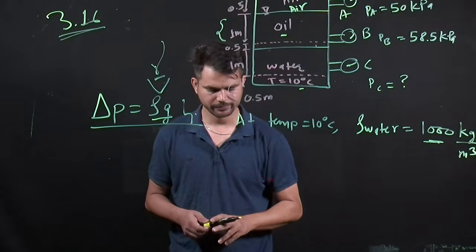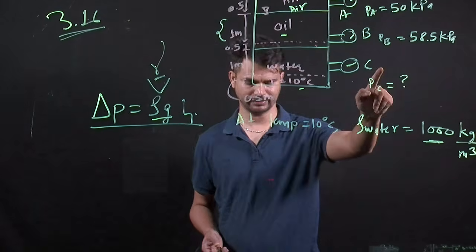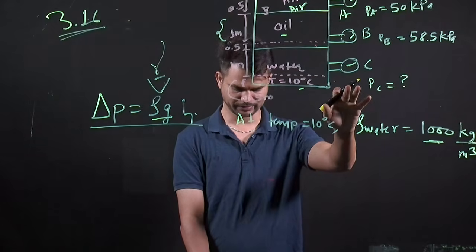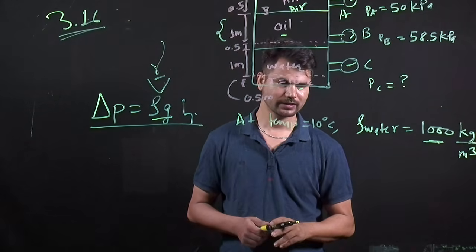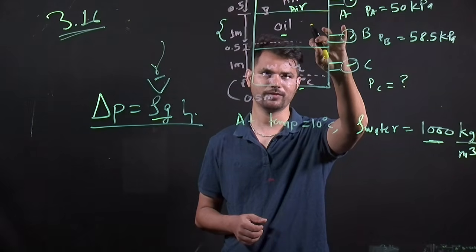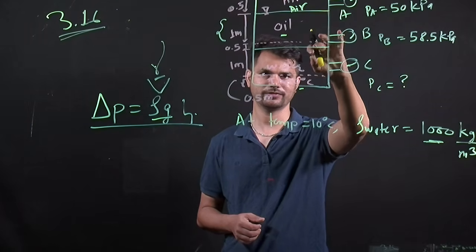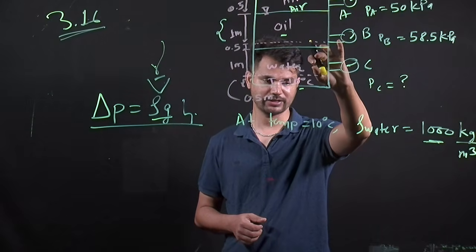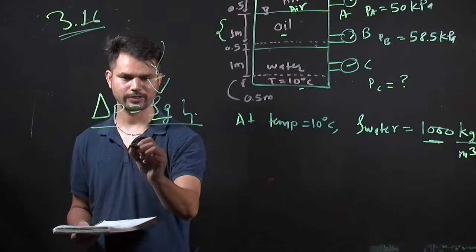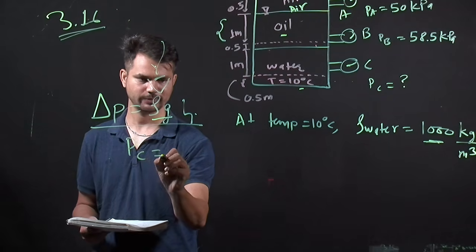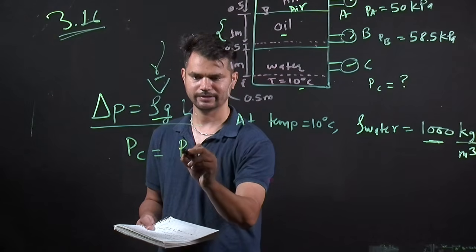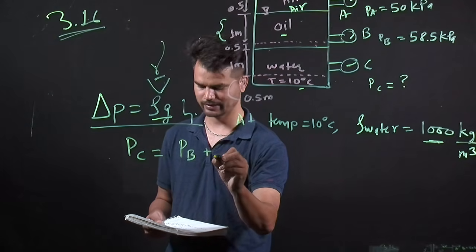So to find the pressure at gauge C, we move down from gauge B to gauge C, crossing this remaining oil surface and entering into the water layer. So our PC will be equal to PB. Same thing, we will be doing the same thing.